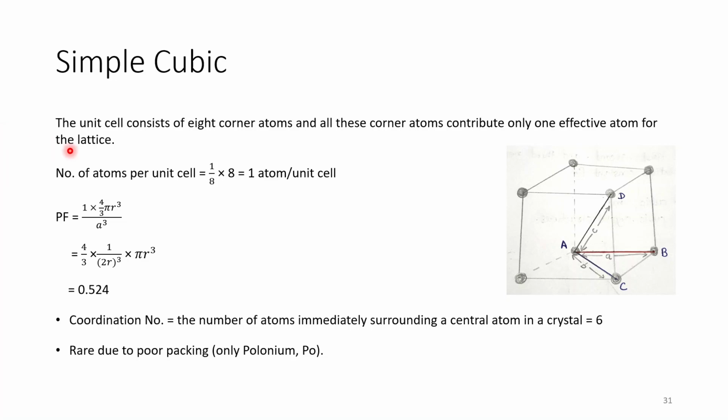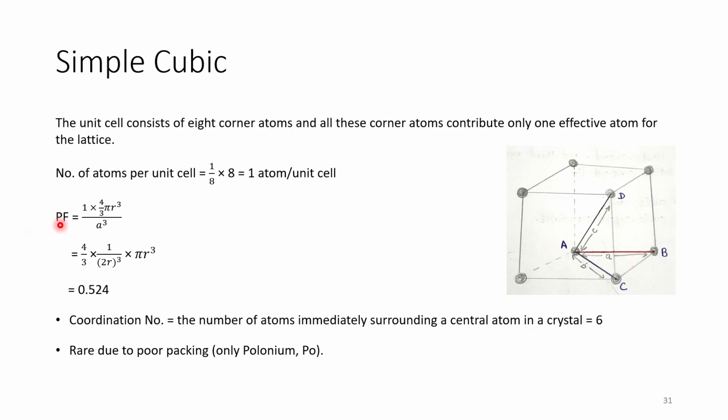The number of atoms per unit cell can be calculated: each atom is shared by 8 other unit cells, so only 1/8 part of this atom is contributed in this unit cell, and there are 8 corners for the cube. So 8 will be multiplied by 1/8, so there will be 1 atom in the unit cell.